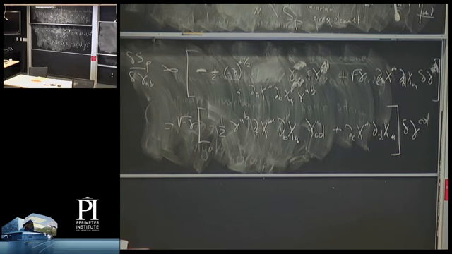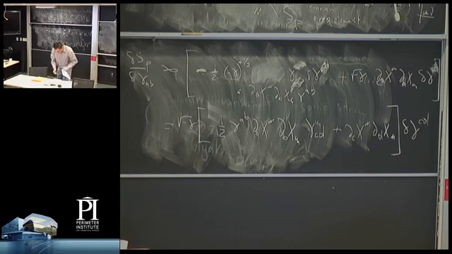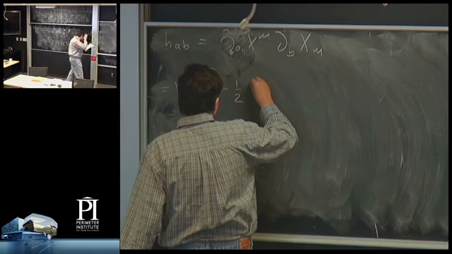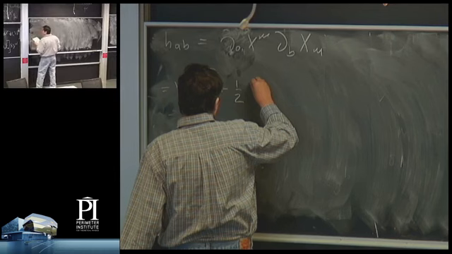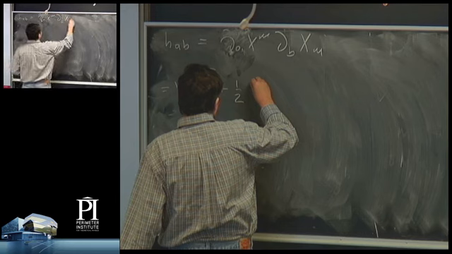Did I erase that? There was a formula for the induced metric which disappeared. So when we talked about induced metrics, remember that we introduced the induced metric h_AB, and that's simply del_A x^mu, del_B x^mu.